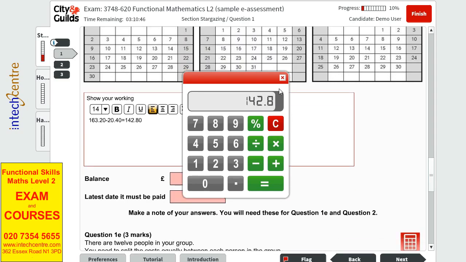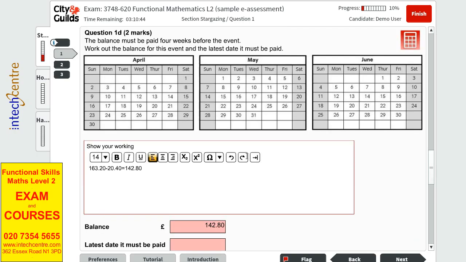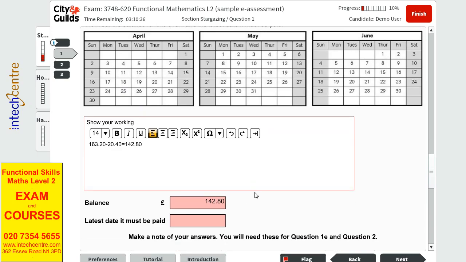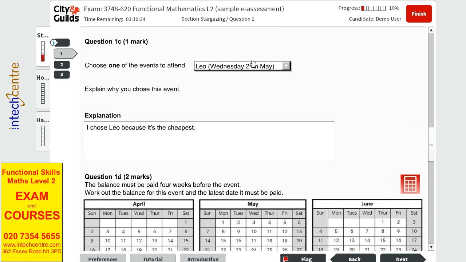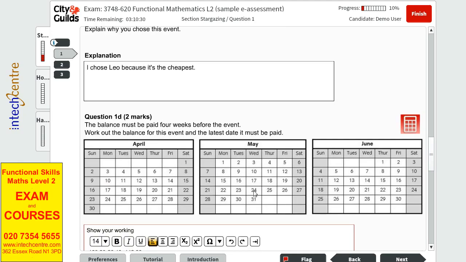The latest date it must be paid. Let's get rid of the calculator. Latest day, 4 weeks. So let's find out the date that the event is going to take place. It is the 24th of May. We can find it right here. May 24th. Now we have to count 4 weeks. So from 24th to the 17th is 1 week. From the 17th to the 10th, 2 weeks. From the 10th to the 3rd, 3 weeks.